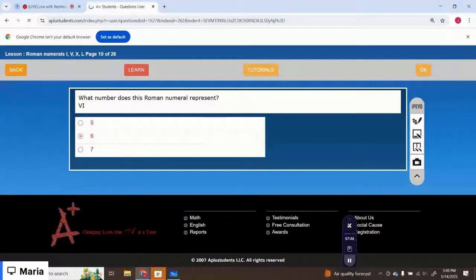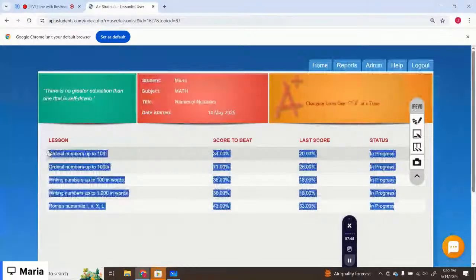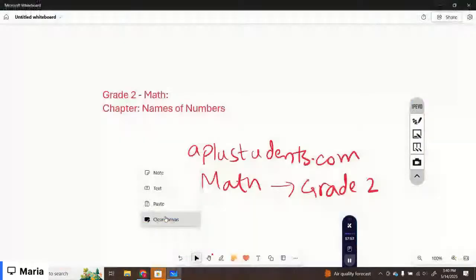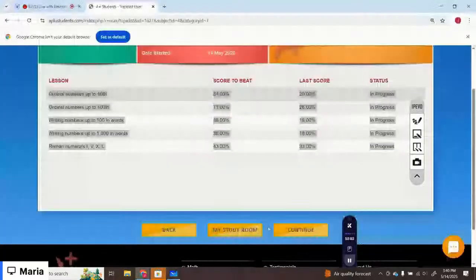Today we worked on names of numbers. The lessons we have covered today are ordinal numbers up to 10, ordinal numbers up to 100, writing numbers up to 100 in words, writing numbers up to 1,000 in words, and Roman numerals. Please make sure before the next session you complete all the practice questions for the lessons you just did.